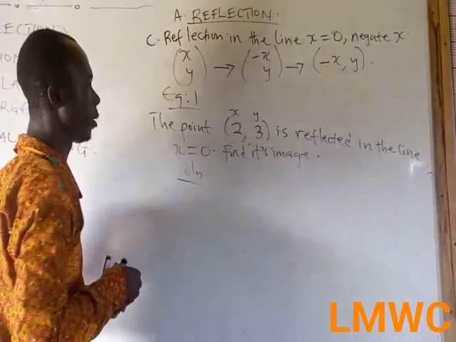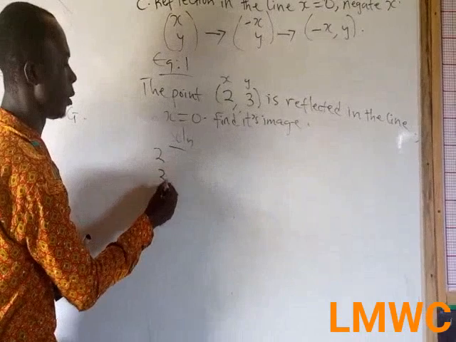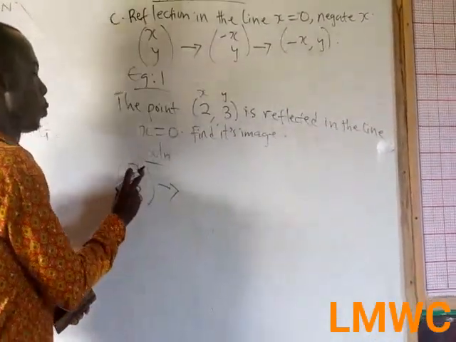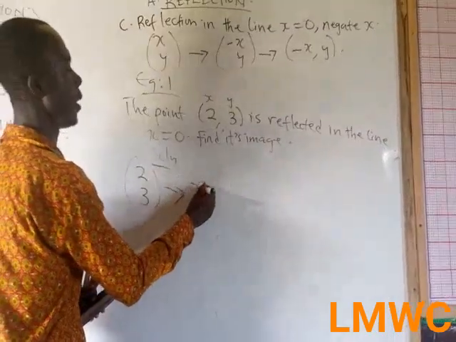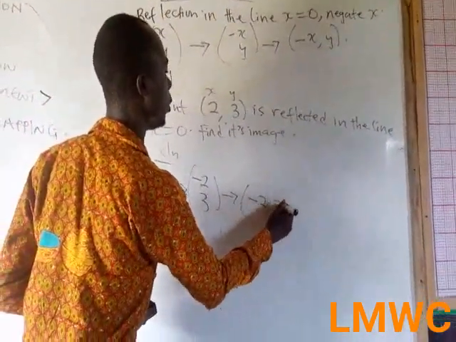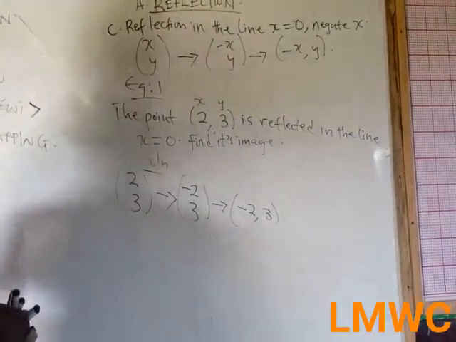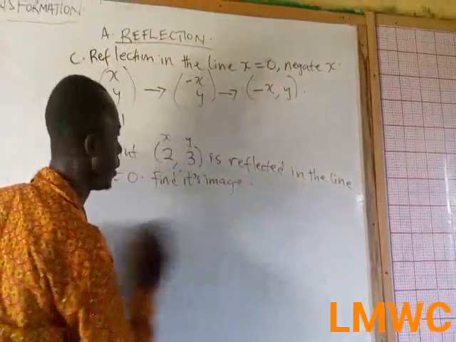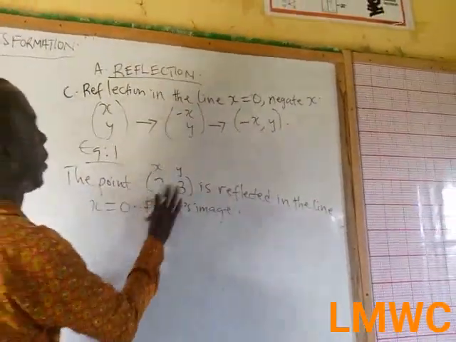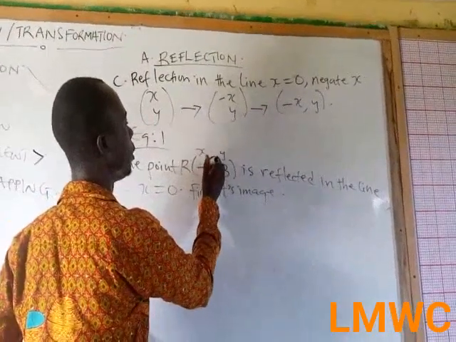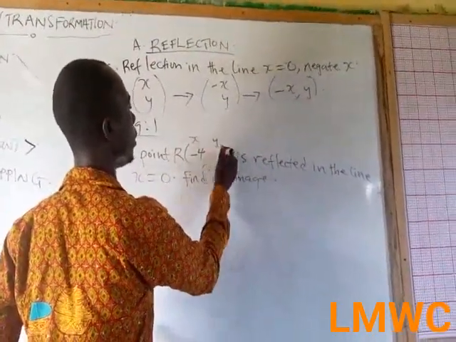So we are having (2, 3). What is your x? x is 2 and y is 3. So you negate your x. So you have (-2, 3). It's not difficult. Let's change the values. Let's make it (-4, 9).